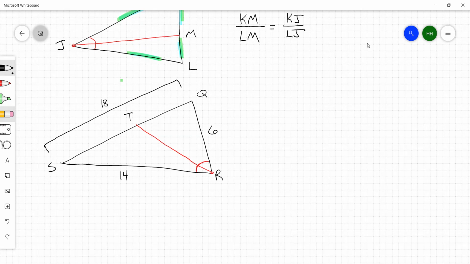And T to Q is equal to X. So look what's going on here. Angle bisector. R to T is an angle bisector.